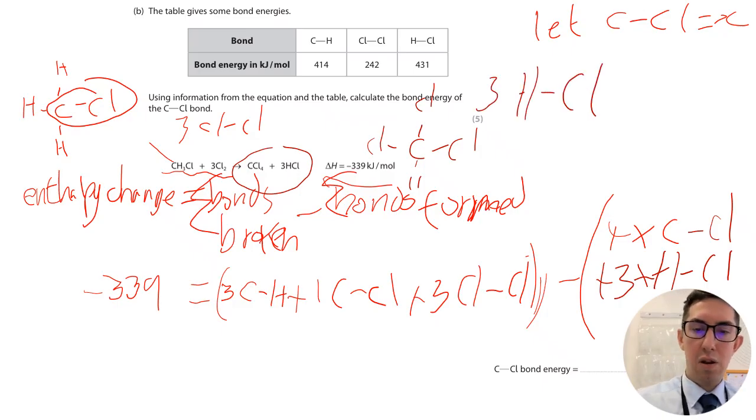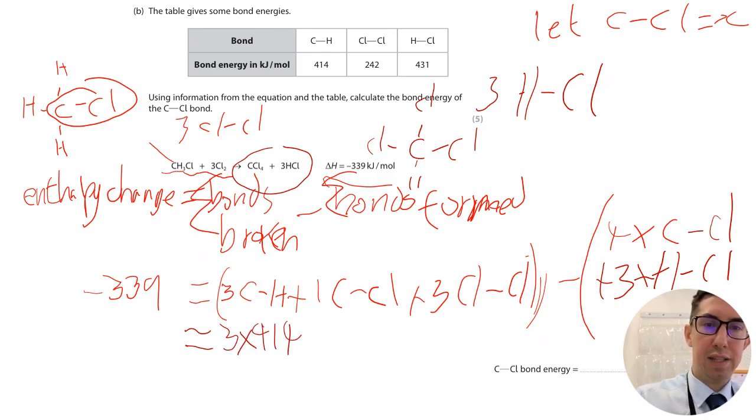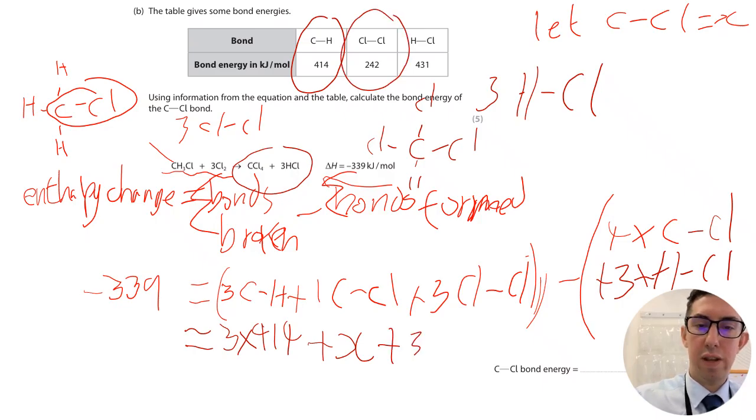Okay, so let's put some numbers in. So equals 3 times the C-H bond, that's 3 times 414 as given here, plus C-Cl, that's what we're trying to calculate, so plus X, plus 3 times Cl-Cl, that's given there, so that's 3 times 242.